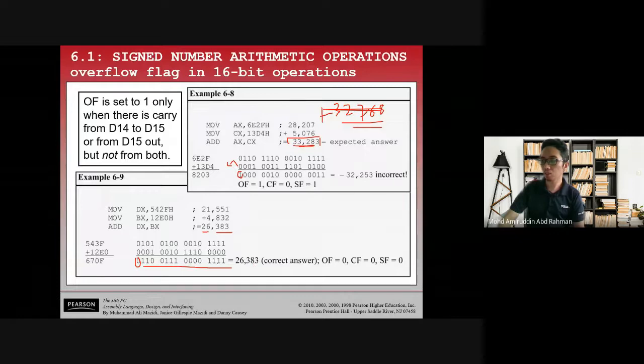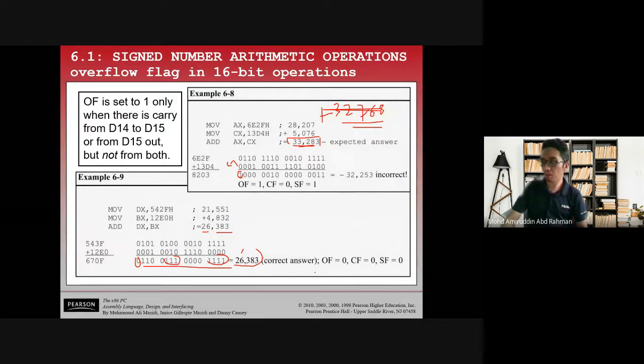This is 2 to 14, and then add 2 to 13, and then you add all of the other parts: 14, 13, 12, 11, 10, 2 to 10, 2 to 9, 2 to 8, and then 2 to 3, 2 to 2, 2 to 1, 2 to 0, and then you will get this.